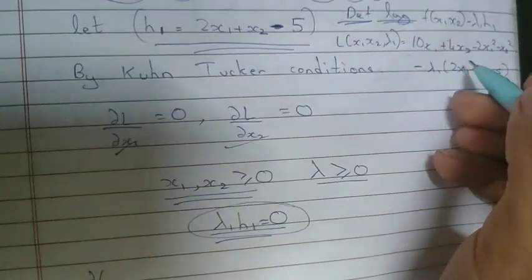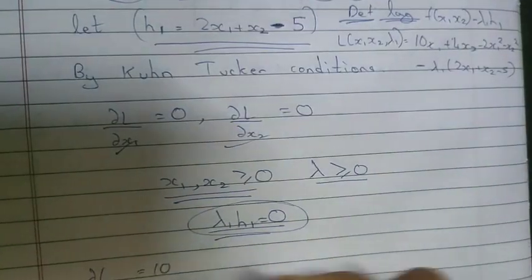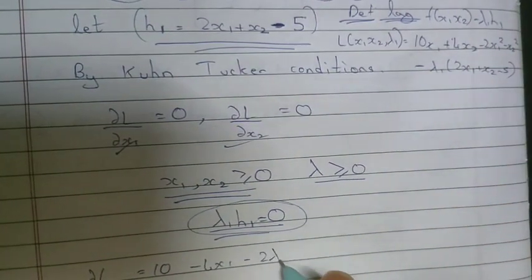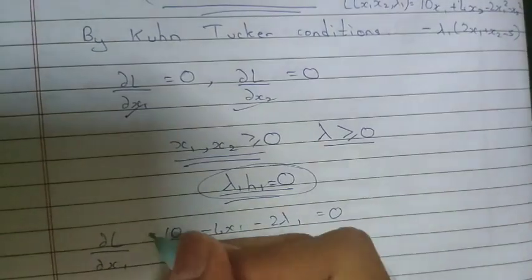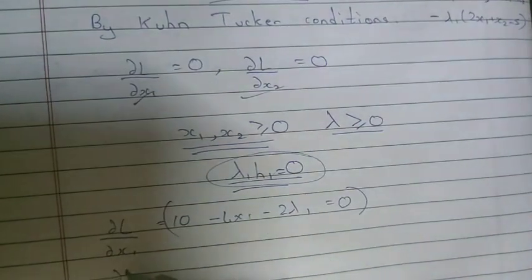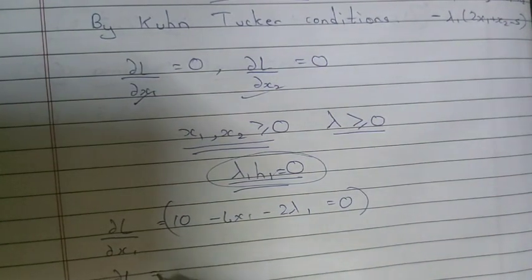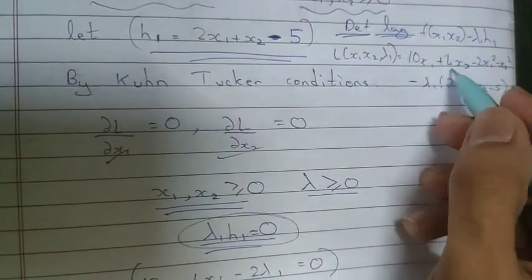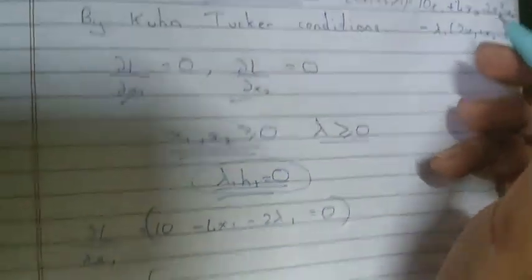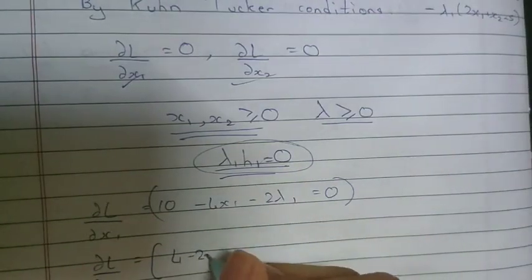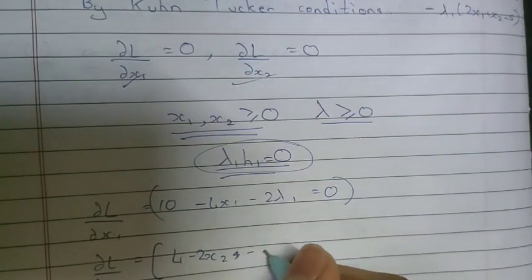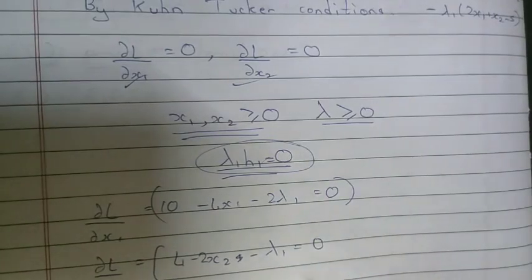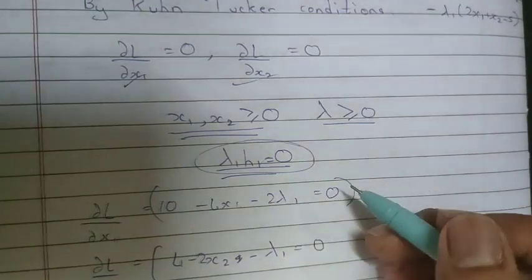So del L by del x1 is 10 minus 4x1 minus 2 lambda 1 equal to 0, and del L by del x2 is 4 minus 2x2 minus lambda 1 equal to 0.